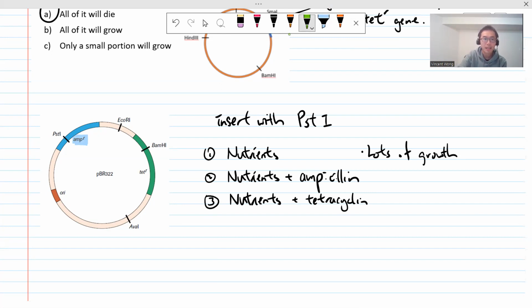If I am inserting the gene with PstI, that means the gene is going to go right here in the middle of the ampicillin resistance gene. Do you understand that? Which means you interrupted the ampicillin resistance gene. Even if they take up the plasmid, it's not going to protect them. So this would be no growth.